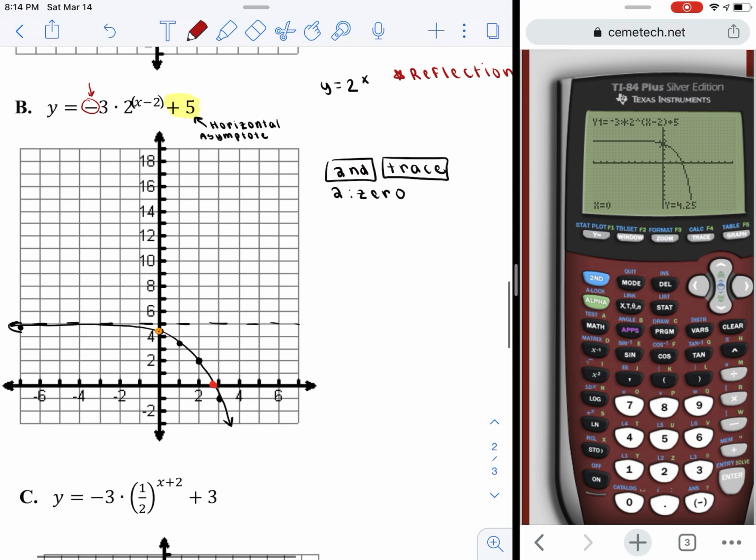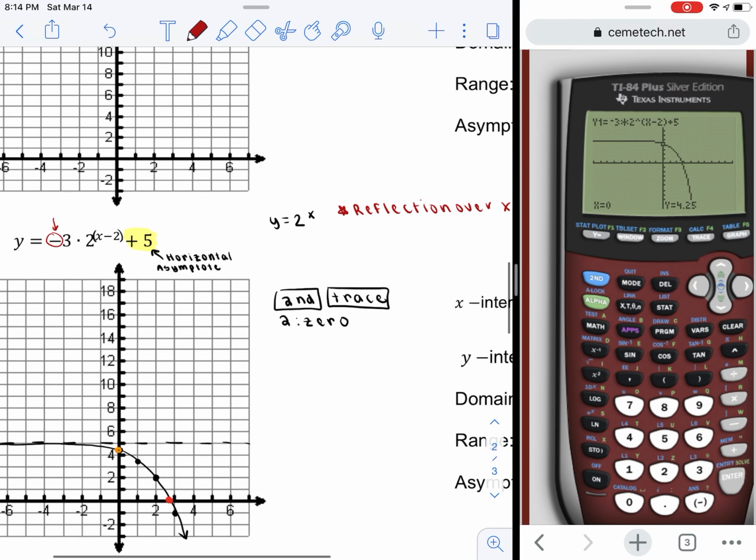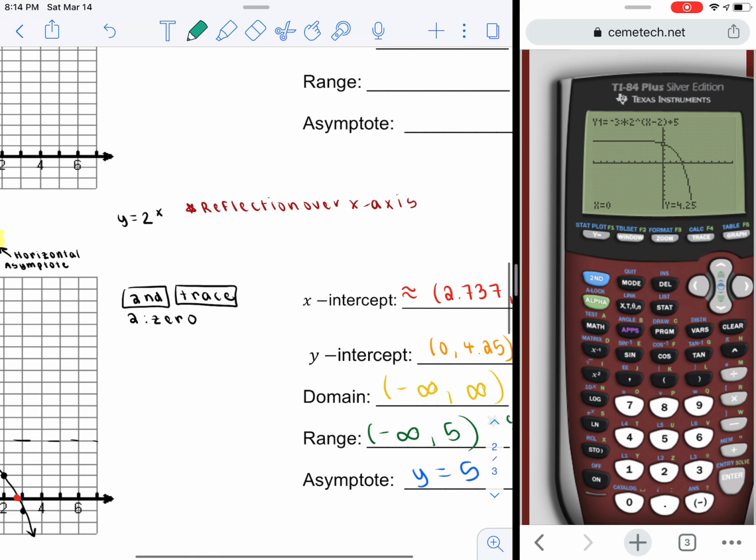Note that our graph got flipped upside down, and that shows that reflection. Not only that, we see another number in the front, this 3, which would be like a vertical stretch by 3.